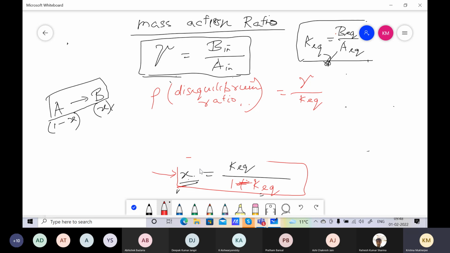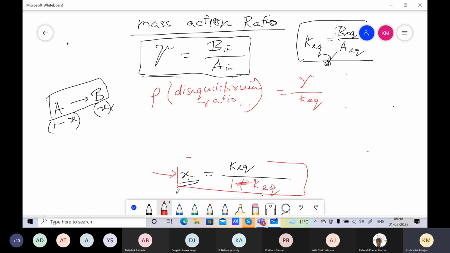I am looking at a mass action ratio, which is the real value, and I am defining a disequilibrium ratio. Notice that if B in and B out are equal to this and this, then gamma and K equilibrium are the same. So the disequilibrium ratio is 1.